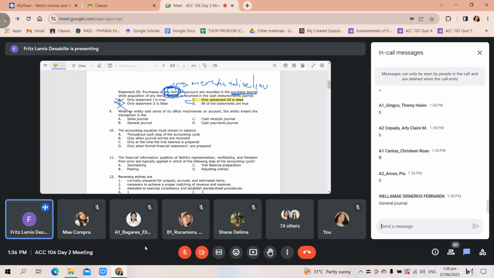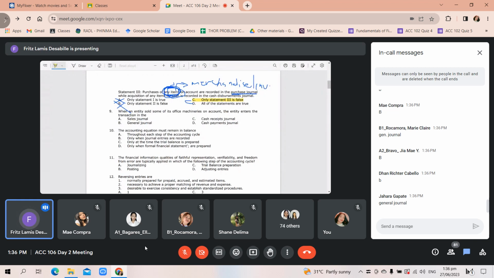Letter B. Sales journal, kay mag-record lang ka og sales of merchandise on account. Cash receipts journal, for all cash receipts. Cash payments or cash disbursement journal, all cash disbursements.